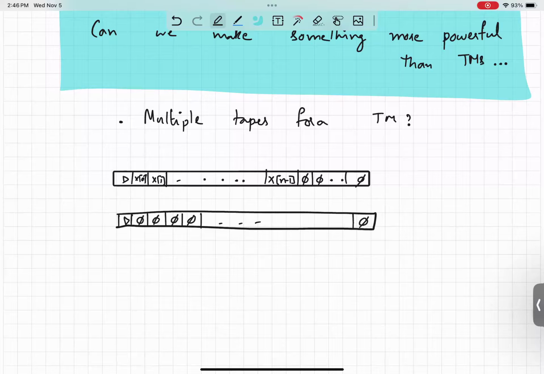Okay. And you can come up with all kinds of variants. So let's say I have 2 heads and they can move independently. Remember, I'm defining a new computational model. So in some sense, I have to be very specific, right? I have to tell you what the ingredients are, how it functions, how you would describe it, and so on. So I have 2 heads.